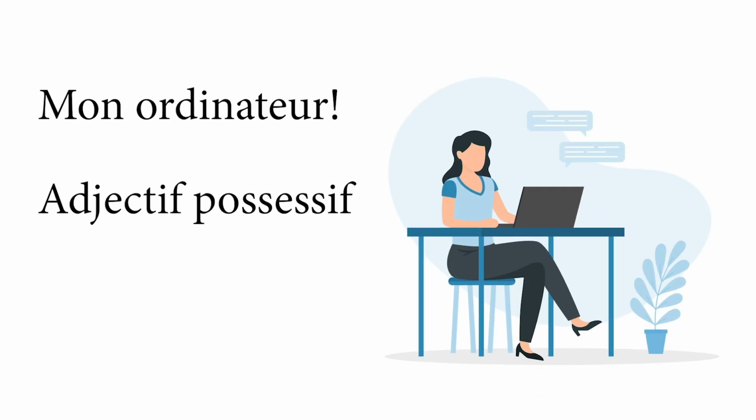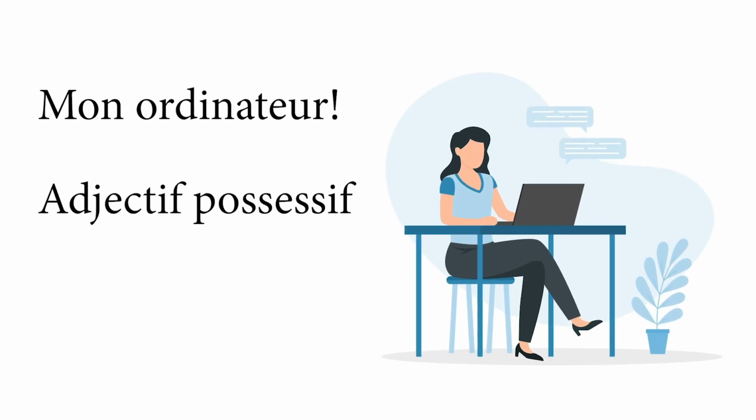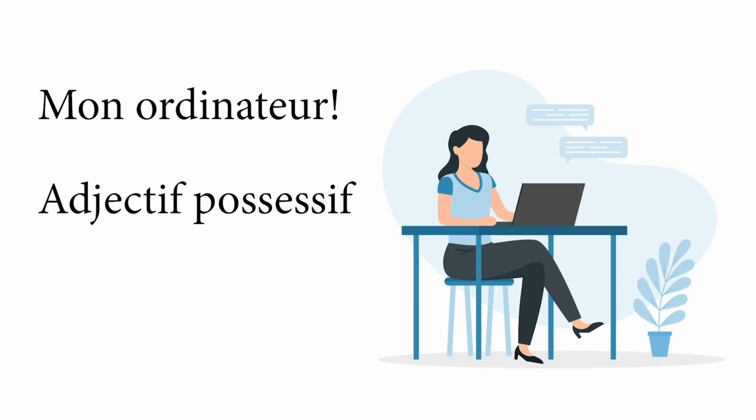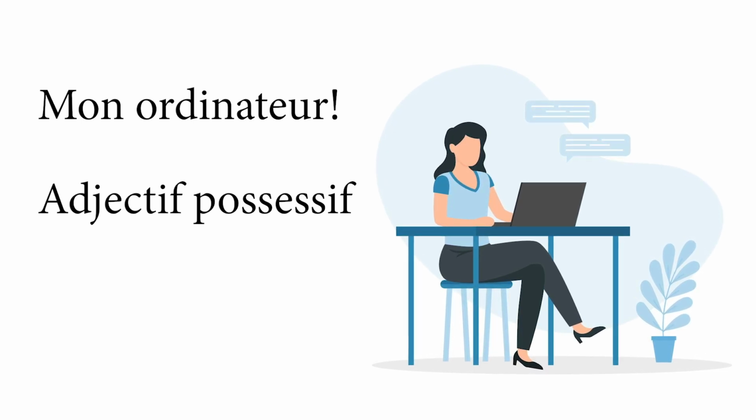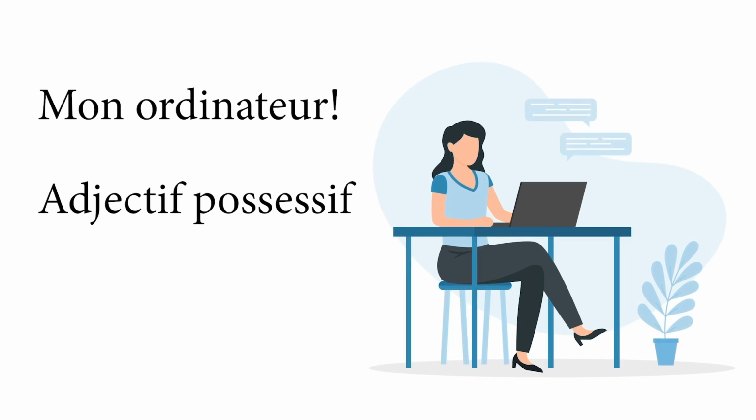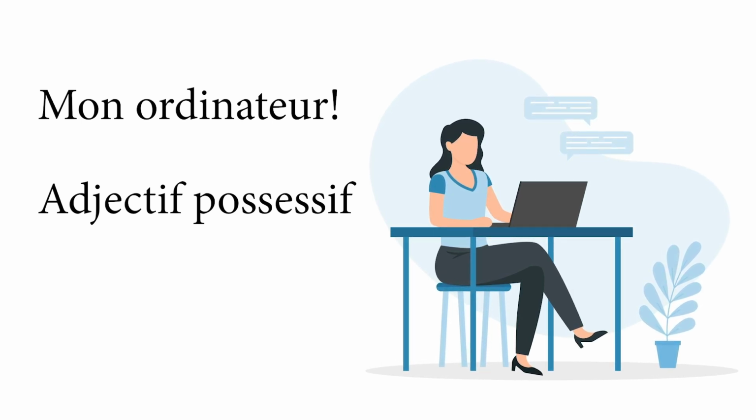So, in the previous lesson, we have also learned different rooms of a house or of an apartment. Le salon, la salle à manger, la salle de bain, la chambre, le balcon, le jardin. Je garde mon ordinateur sur la table dans le salon. Once again, like in our previous lesson, we have talked about possessive adjectives.